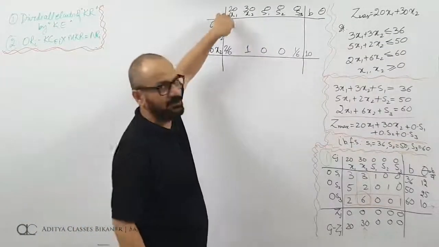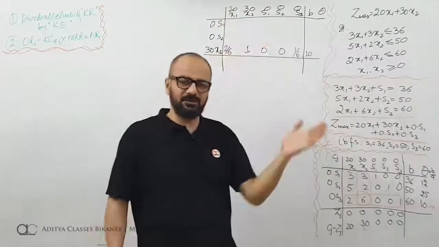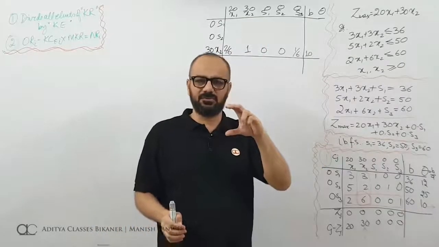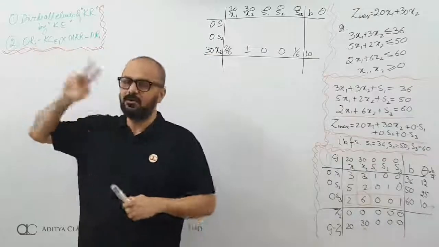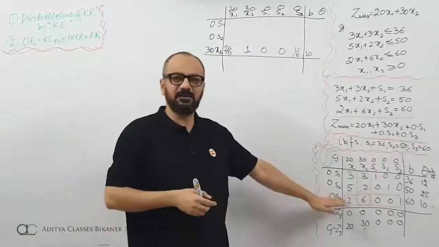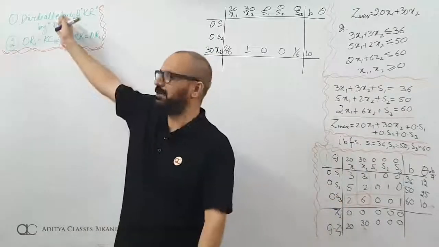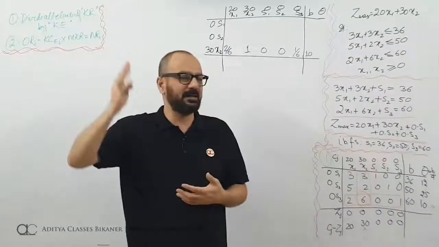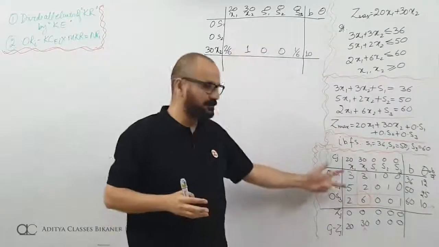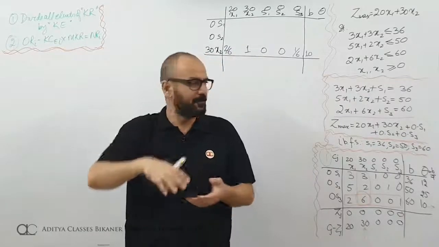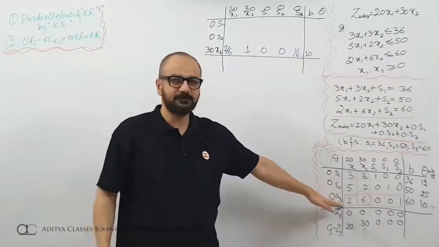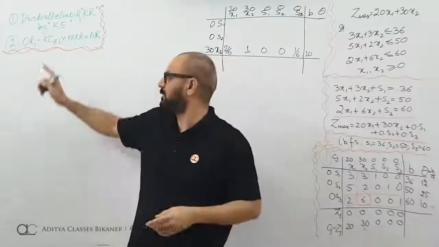Now I need to find out new row 1, new row 2. In earlier questions that we saw, we only had 2 rows. One used to be key row, the other one used to follow this rule. Today, one will follow the key row rule, but all others, in my case 2 other rows, will follow the second rule. If you have 5 different constraints, one will follow the key row rule, but the remaining 4 will follow the second rule.